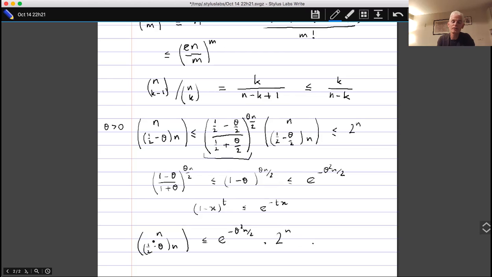So once you get away from the middle layer, the binomial coefficients become very, very much smaller than the total number, the sum of the binomial coefficients. So this factor here is far smaller than the 1 over root n that we had before, at least when n is large.